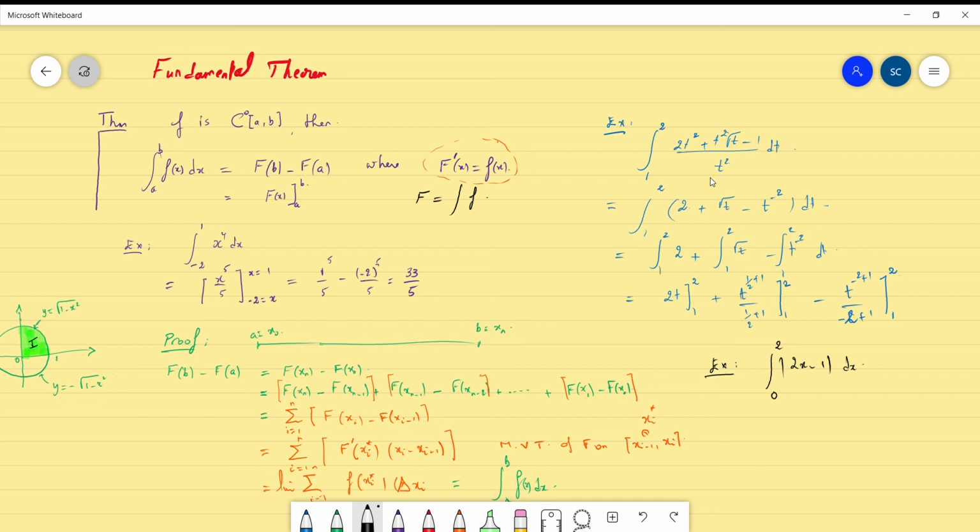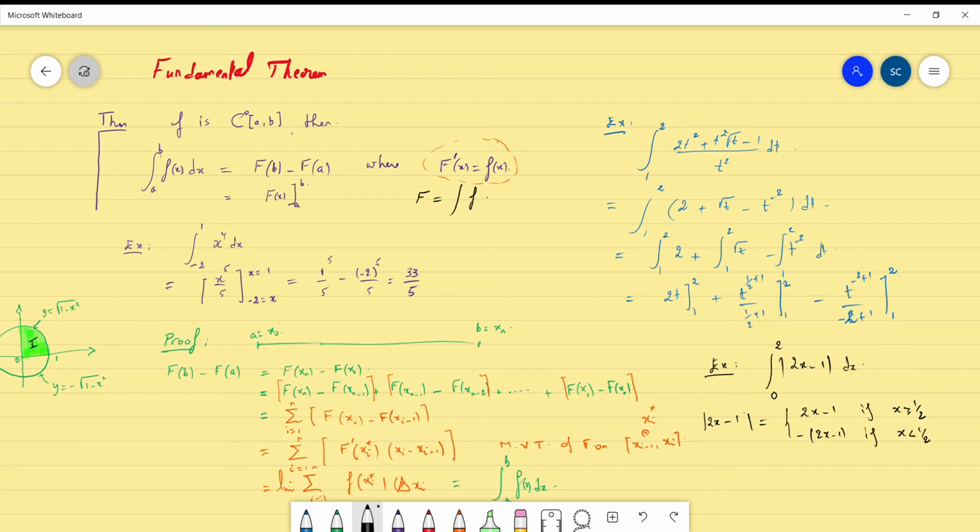I need to avoid the absolute value, but this can be done if we eliminate it depending on the sign. So we need to know when we can eliminate these absolute values. We can do it because we know that it will be 2x minus 1 if x is greater than 1 over 2, and the opposite of this quantity if x is less than 1 over 2.